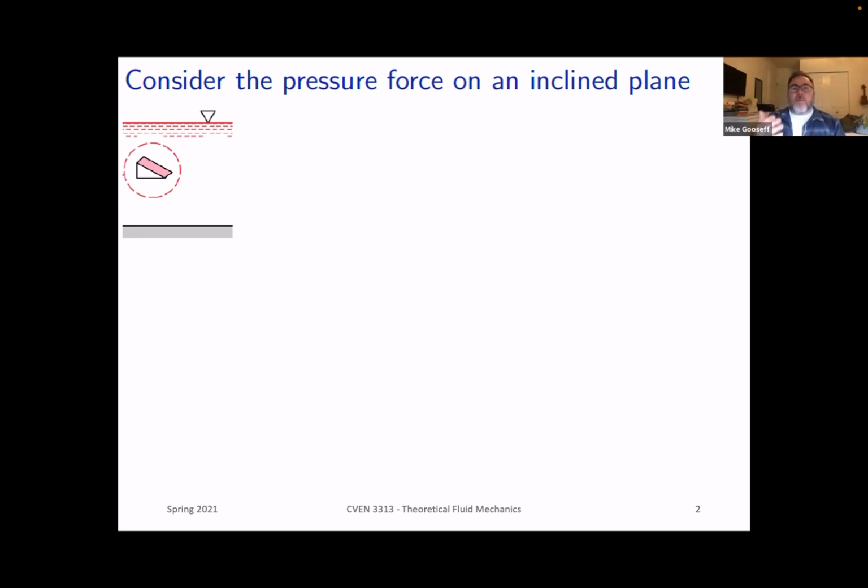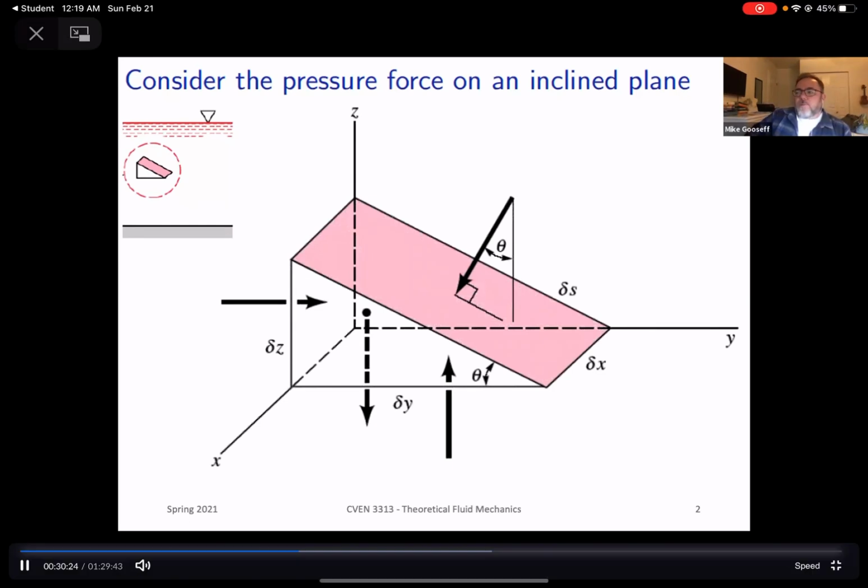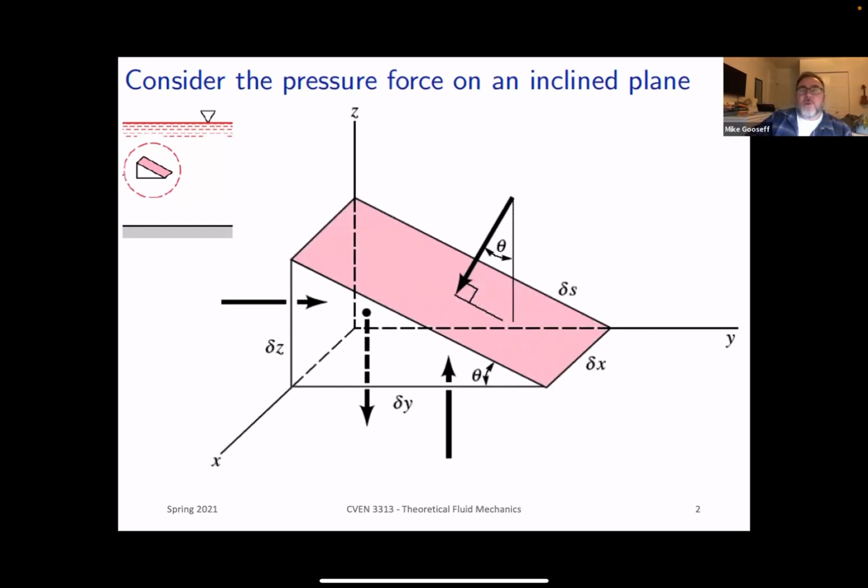Okay, so remember, we started with this wedge, and as we went through, these were forces that were resulting from pressures acting on each of the 5 faces of this wedge. And we are actually only showing 3 of them plus the weight.